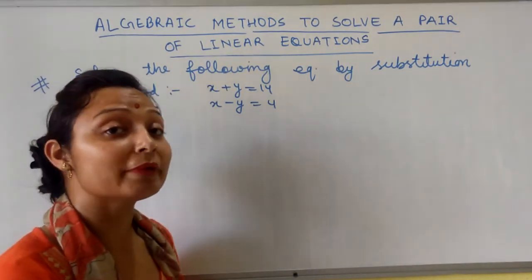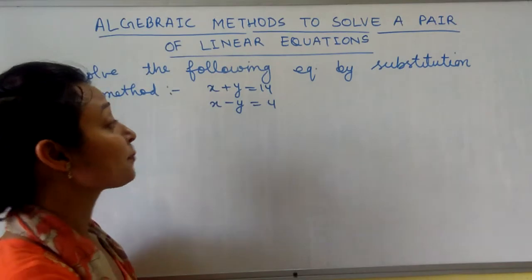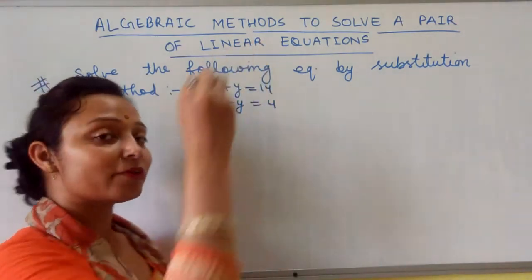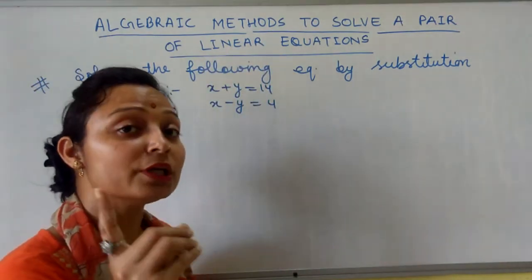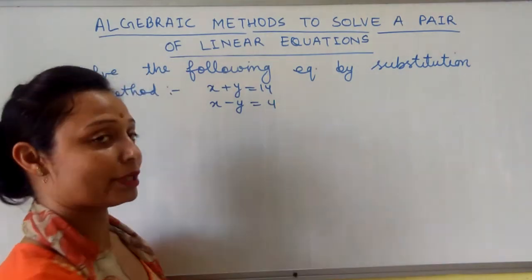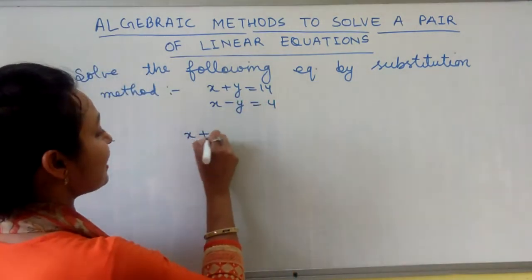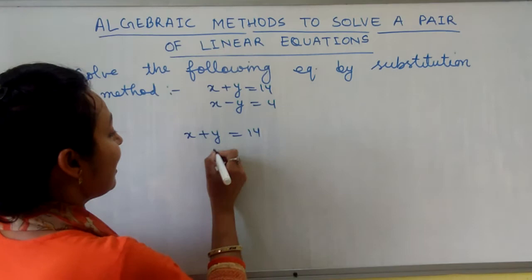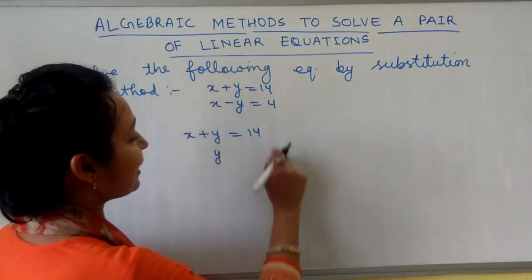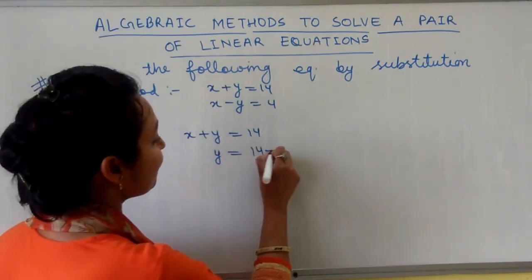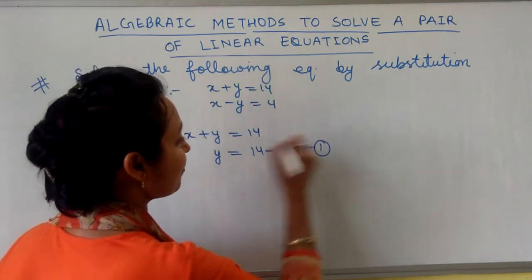One thing you have to keep in your mind, that is, if you take the value from the first equation, no need to put the value in the same equation. I will take the first equation, x plus y is equal to 14, and for y, I will take x on the left hand side, 14 minus x. This is equation number 1.